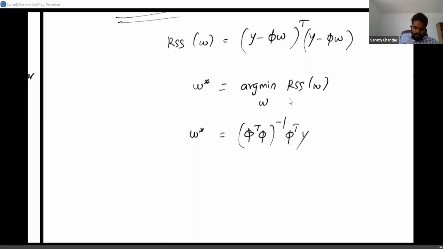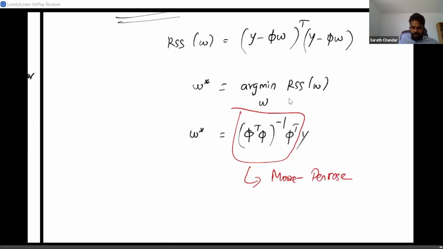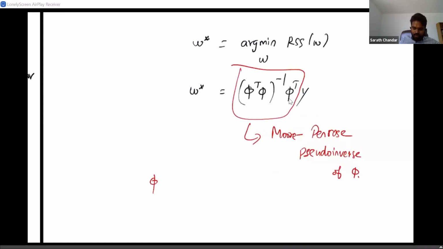Now this particular term here has a special name. This is known as the Moore-Penrose pseudo-inverse of matrix phi. We will just call this phi plus.